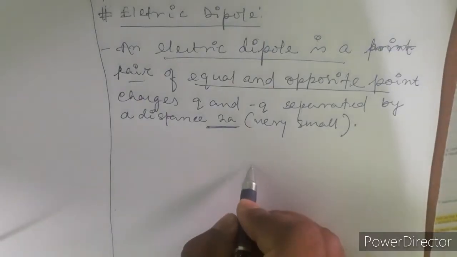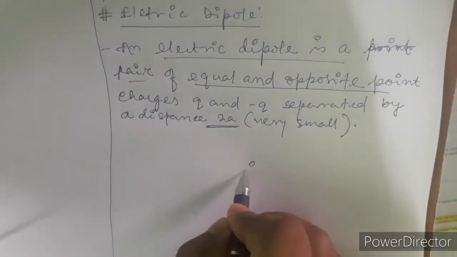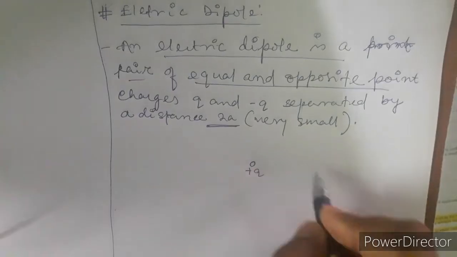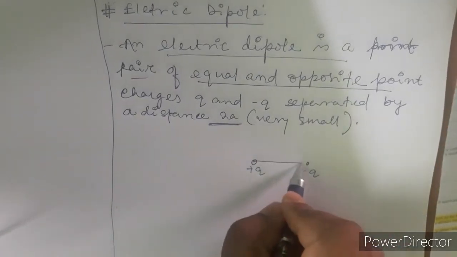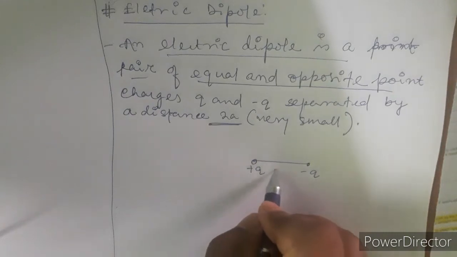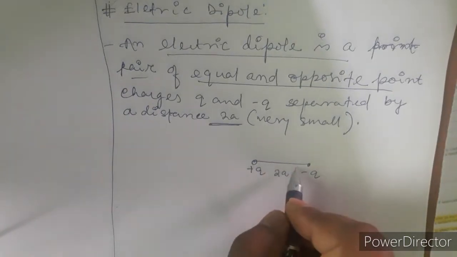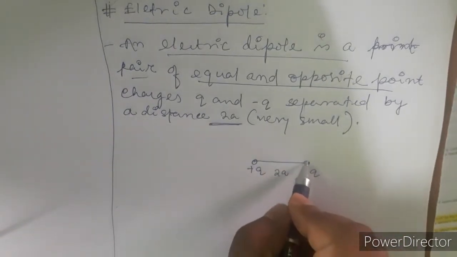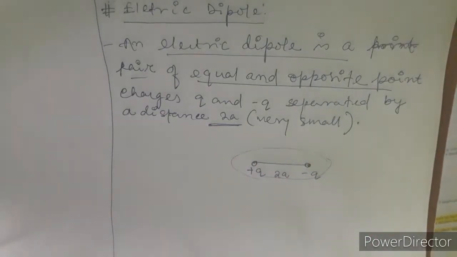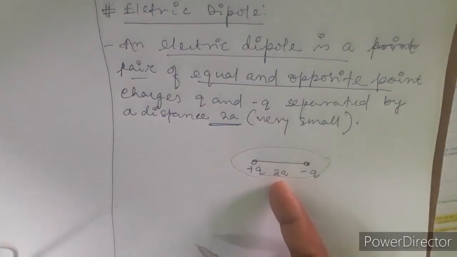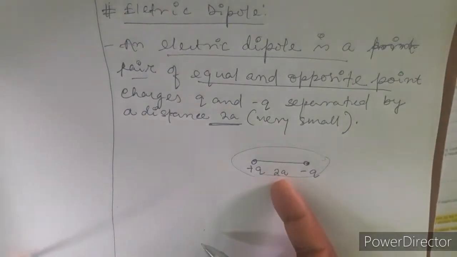Suppose there are two charges, one is plus q and the other is minus q, separated by a distance 2a. Together, the two charges form a dipole.